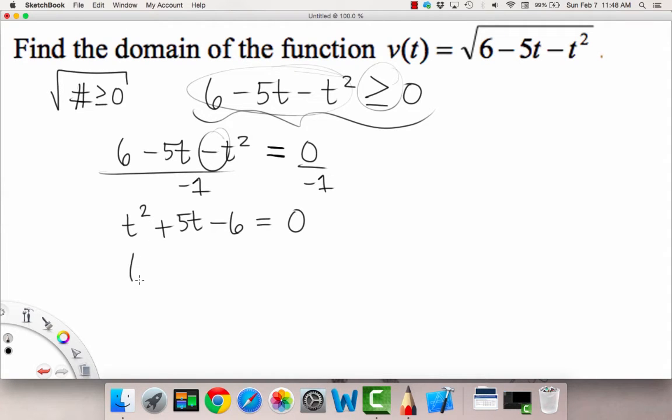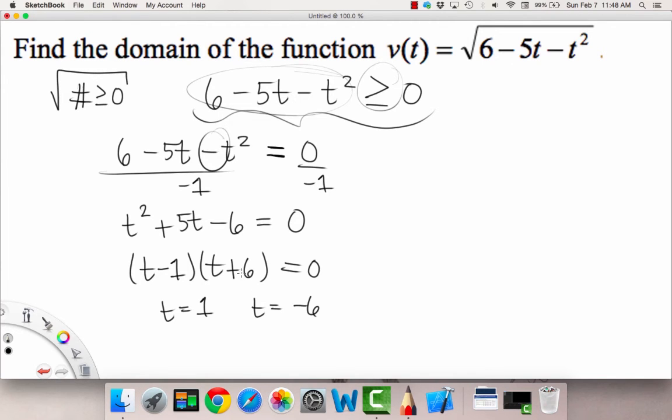Now if we factor this, we get t something times t something equals 0. To get to -6, we can use +6 and -1, right? So we find that our roots are t equals 1 and t equals -6, alrighty?